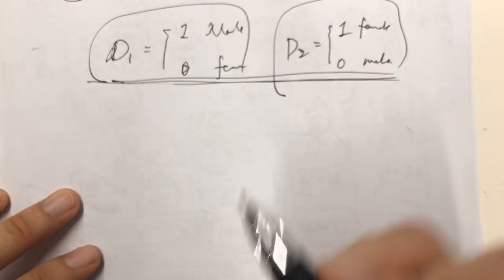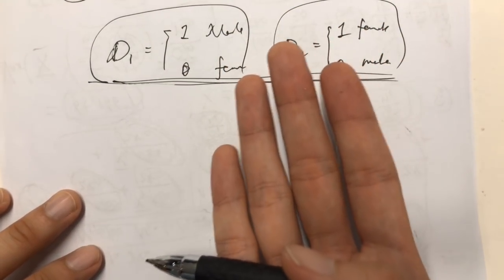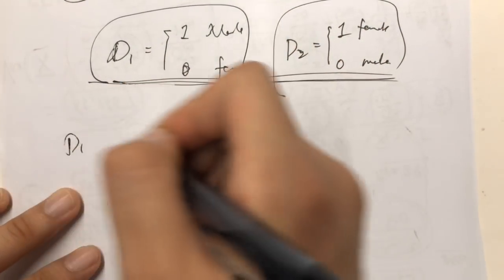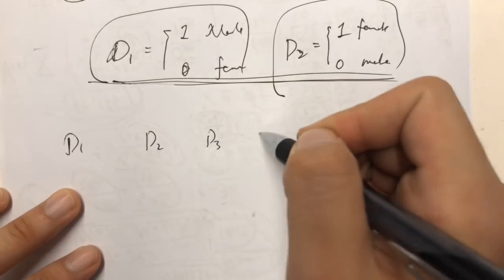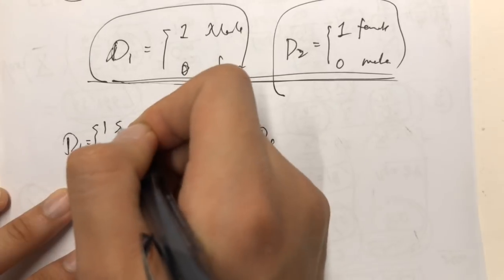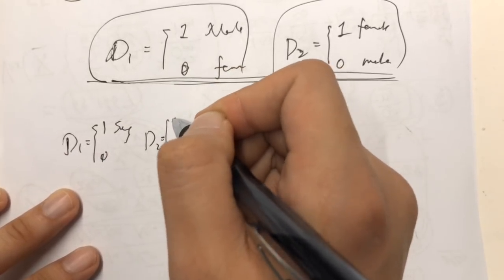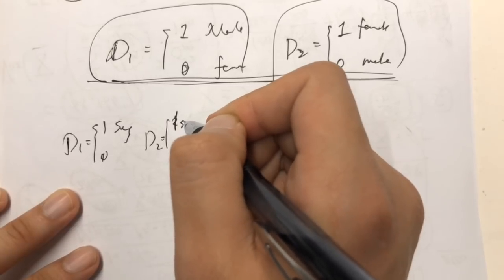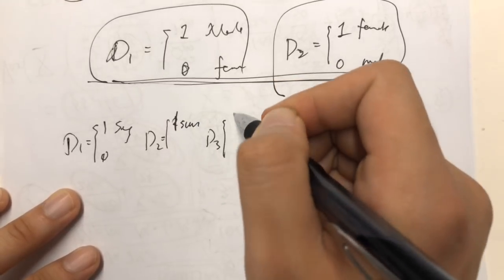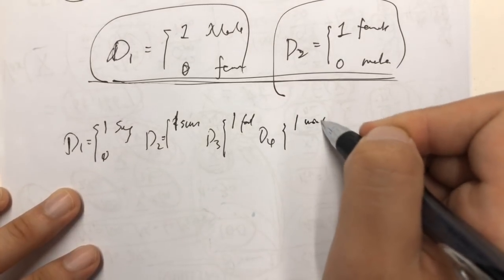For example, if we have 4 seasons, spring, summer, autumn, winter, so D1, D2, D3, D4. So for example, D1 is for spring, and D2 is for summer, and this is for fall, and this is for winter.